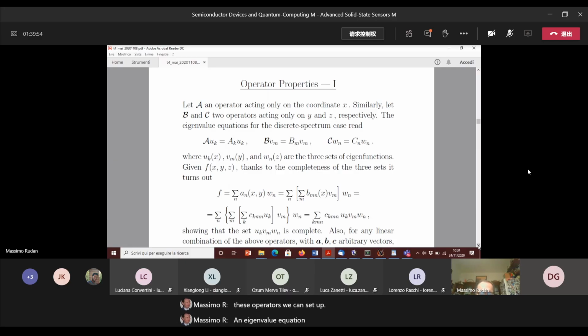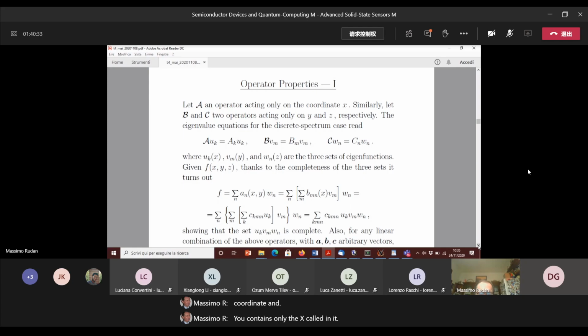So for each of these operators, we can set up an eigenvalue equation. So A contains only x. So we form an eigenvalue equation visible on the left of the equation. A applied to u_k equals a_k, that is the eigenvalue, times u_k, in which A acts only on x, so it contains only the x coordinate, and similarly u contains only the x coordinate.